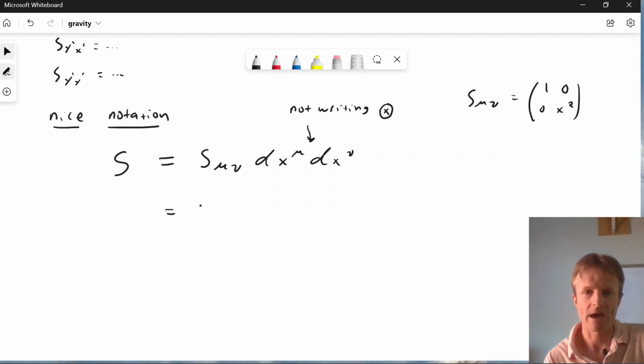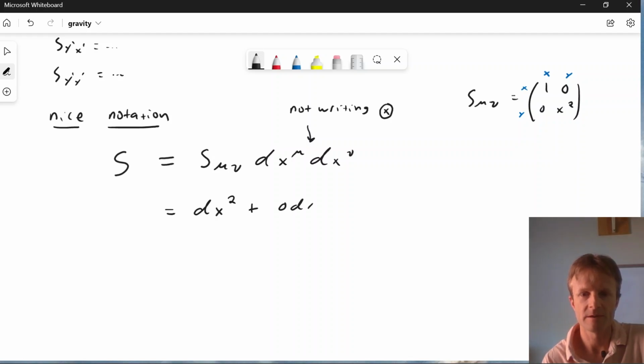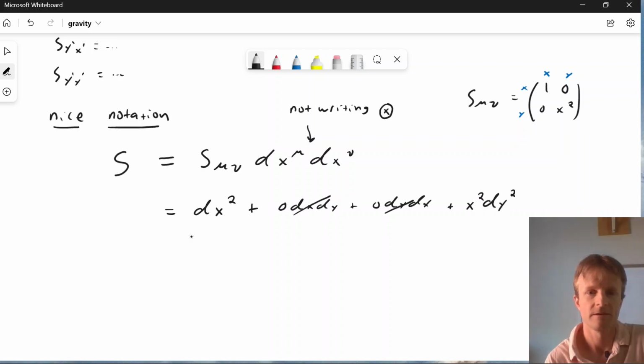So this was the x column, this is the y column, x, y. So I can just write this, well, it was 1 times dx times dx. So it's just dx squared. There are no cross terms, so 0 times dx dy plus 0 times dy dx plus x squared dy squared. Okay, so this is another notation for that tensor.